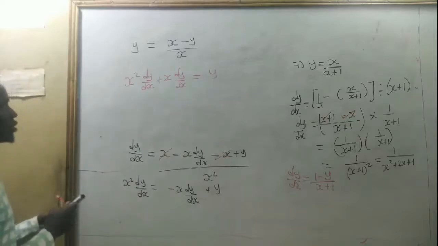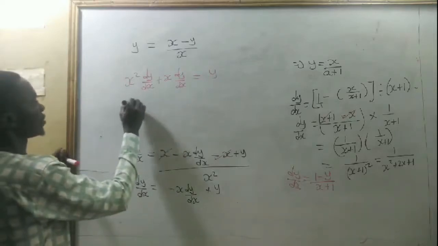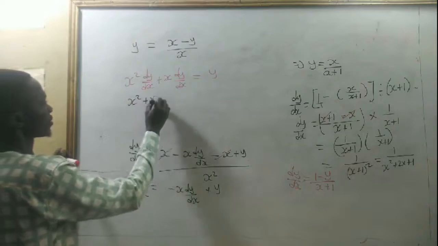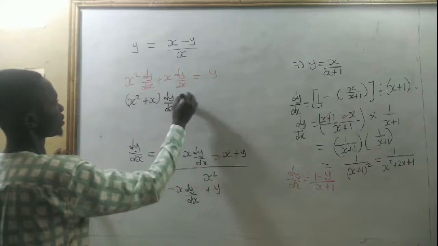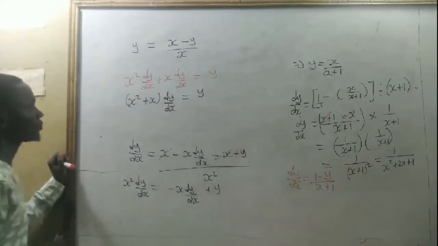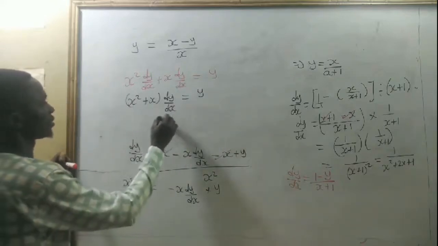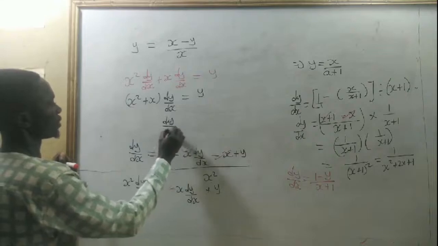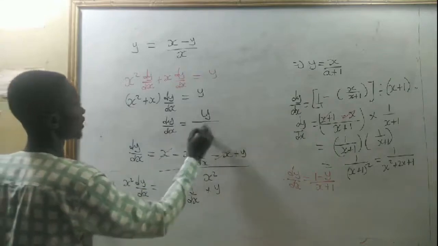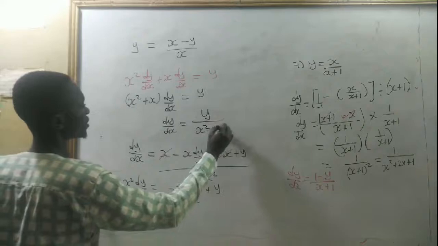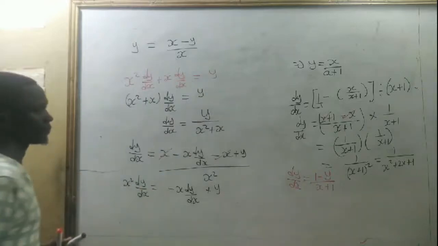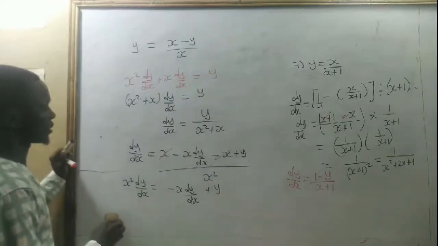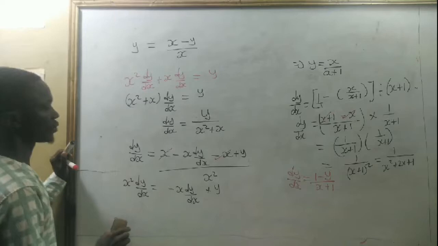And now you have x squared plus x times dy on dx is equal to y. And this will give us dy on dx equal to y divided by x squared plus x. Now, we can make y the subject and then come and put it here, and let's see what we will get. So I'm cleaning this one.